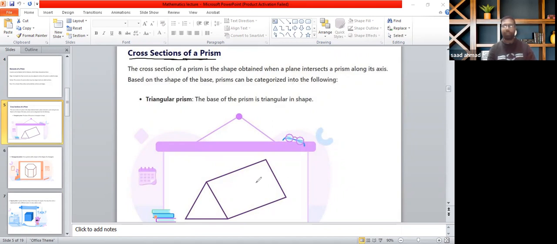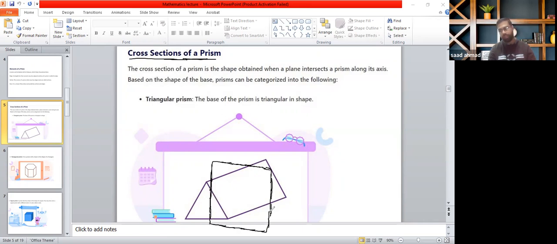Let's say this is a prism that I have here, and let's say I cut it through a plane. I'm not very good with the drawing, but we'll try. Let's say I have a plane, or you can say a blade or something which cuts it from here.